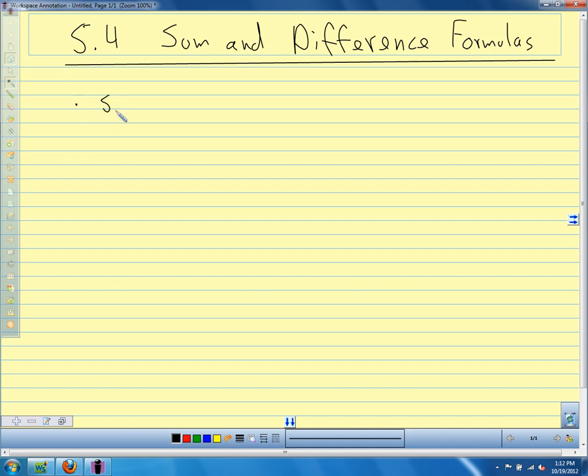What we're talking about is if we have the sine of two angles added together, u plus v, that is sine u cosine v, and my v's and u's tend to look the same, so I put a little tail on the v. Sine u cosine v plus cosine u sine v.